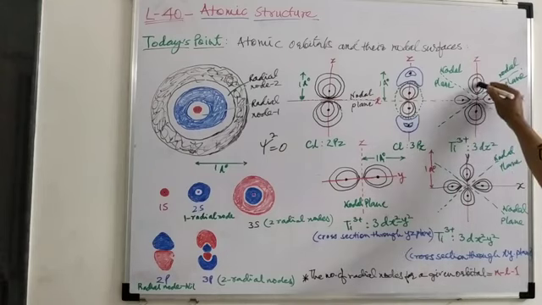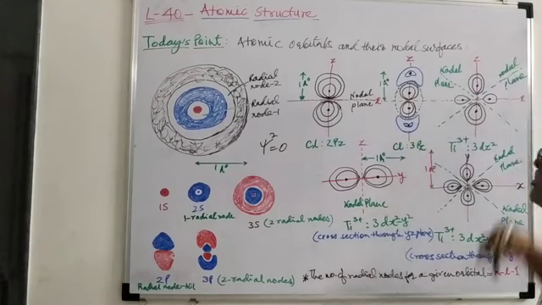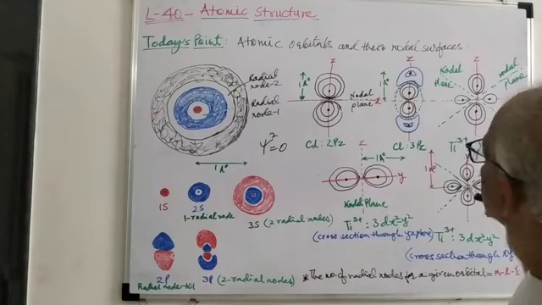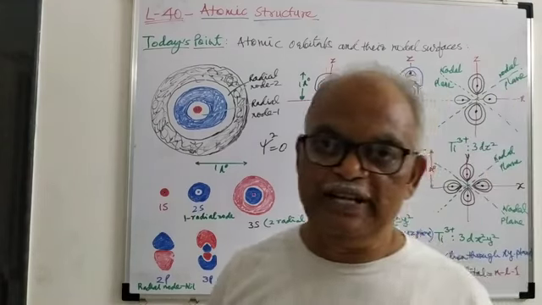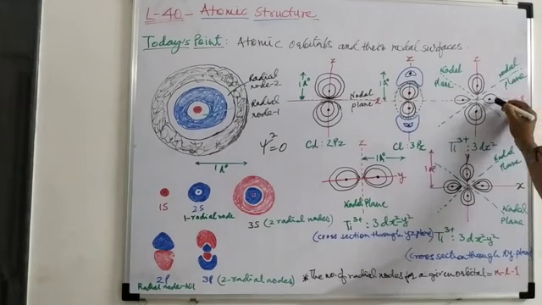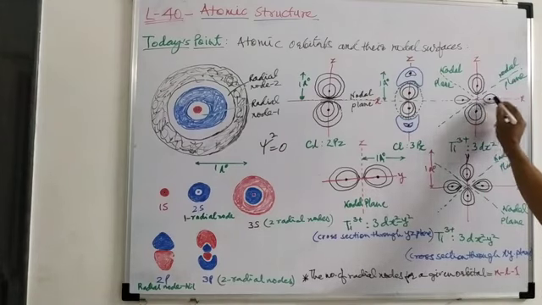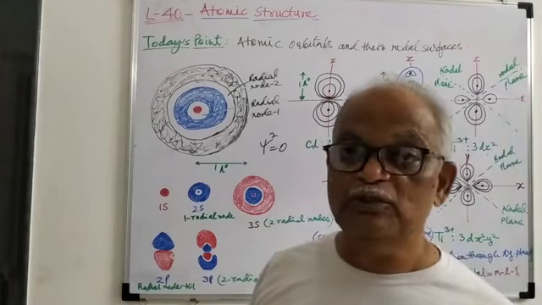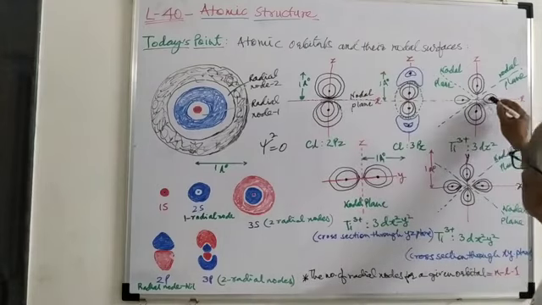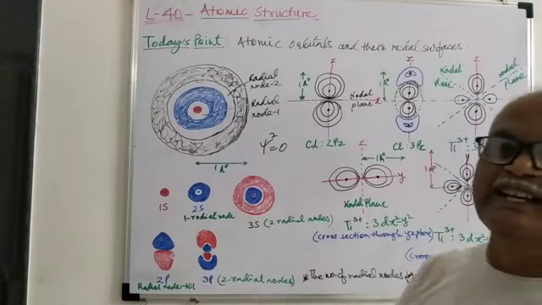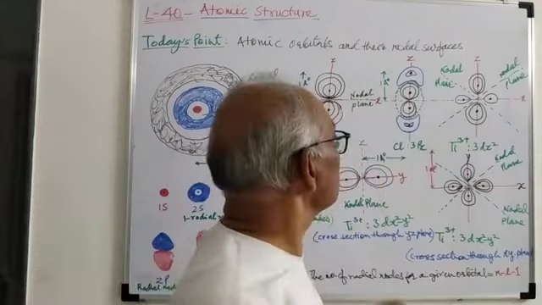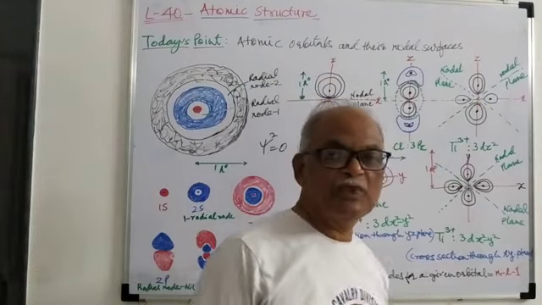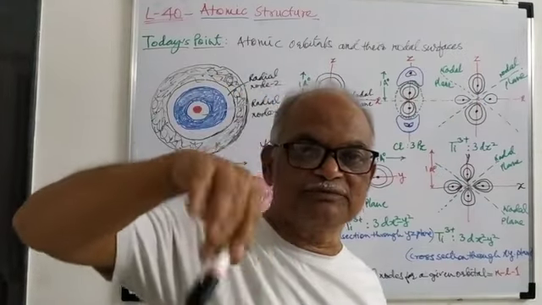The two lobes which are lying in the direction of the z-axis are relatively larger in size, and the two lobes which are lying in the xy plane, this is along the x-axis, but there is also one axis, that is the y-axis, perpendicular to it. So these two lobes are present around this center in the circular form.